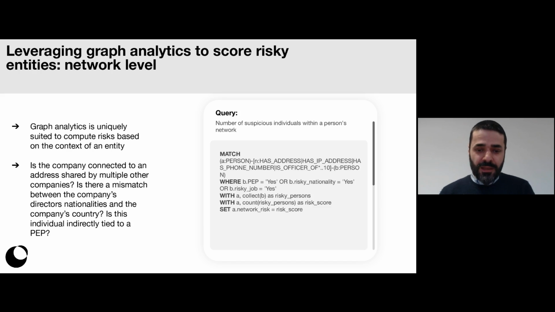At the end of the day, we are counting the number of risky individuals within the person's network and using that as a risk score, a network risk score. That's one example of using graph analytics to look at the network of a particular entity of interest to compute a network-centric risk score.